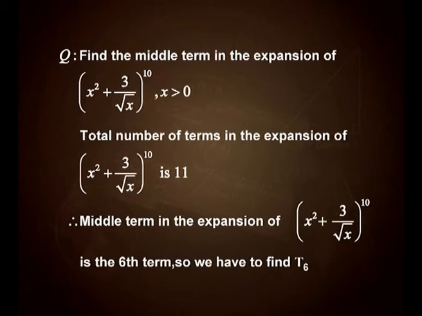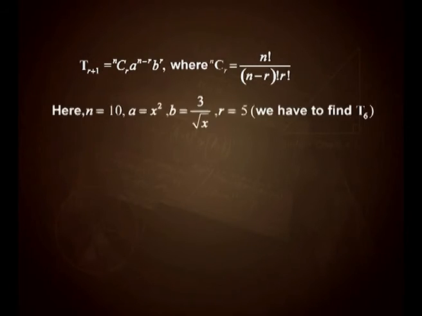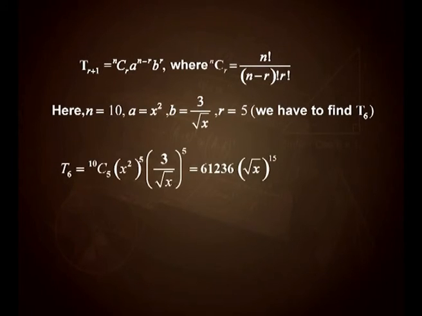Again our general term T(r+1) is nCr a to the power n minus r b to the power r, and therefore, to find T6, r will take the value 5. So, n is 10, a is x squared, b is 3 by root x, r is 5. If I substitute it in the formula of T(r+1), T6 takes the value 10C5 (x squared) raised to the power 5 into (3 by root of x) whole to the power 5.